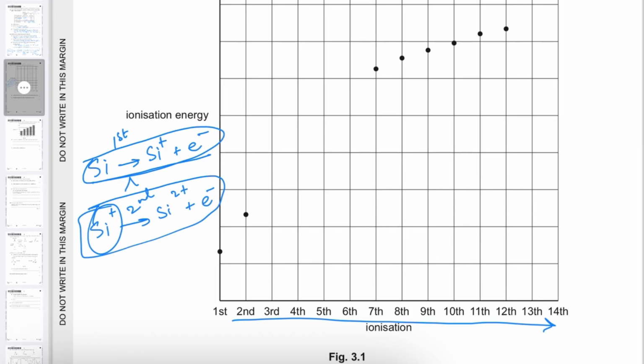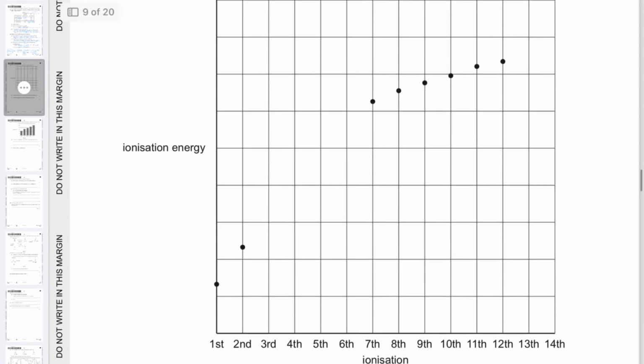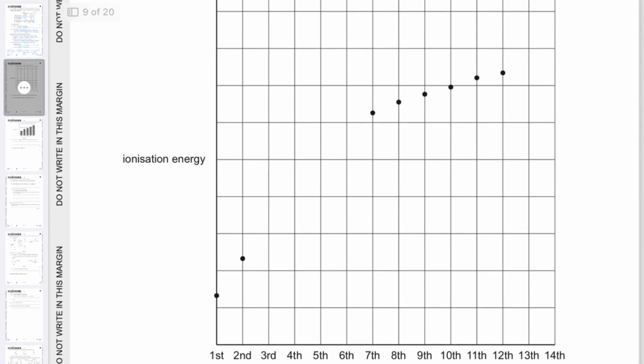So there's going to be a general increase in the successive ionization energies from third to the sixth ionization energy. Sometimes the difference between some successive ionization energies is greater than the others when the number of principal shell changes.